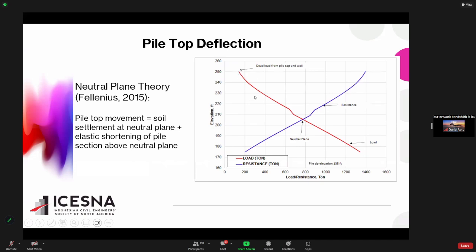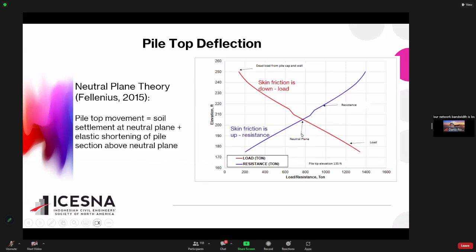So only dead load, and the load will increase because of the skin friction downdraft. As you go deeper into the pile, the axial load will increase because of the downdraft. On the other hand, you have this blue line, which is resistance. You start with tip resistance, and as you go up from the tip of the pile, the resistance will be more because you pick up some skin resistance.